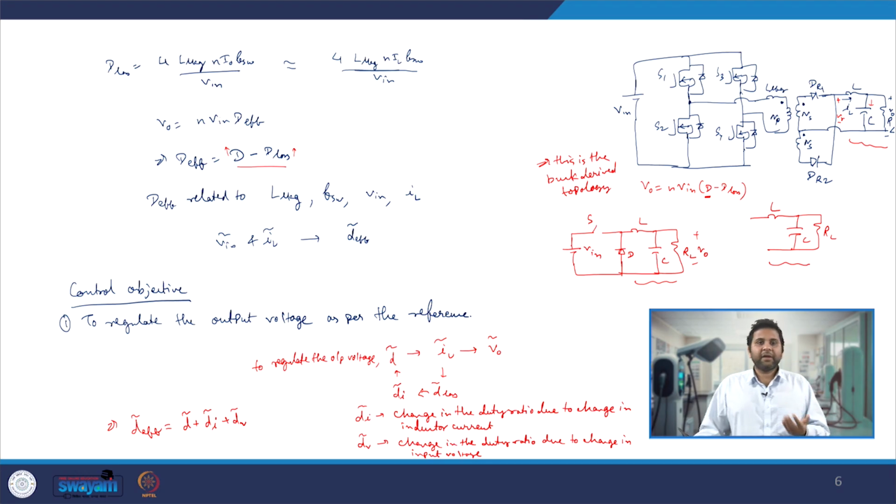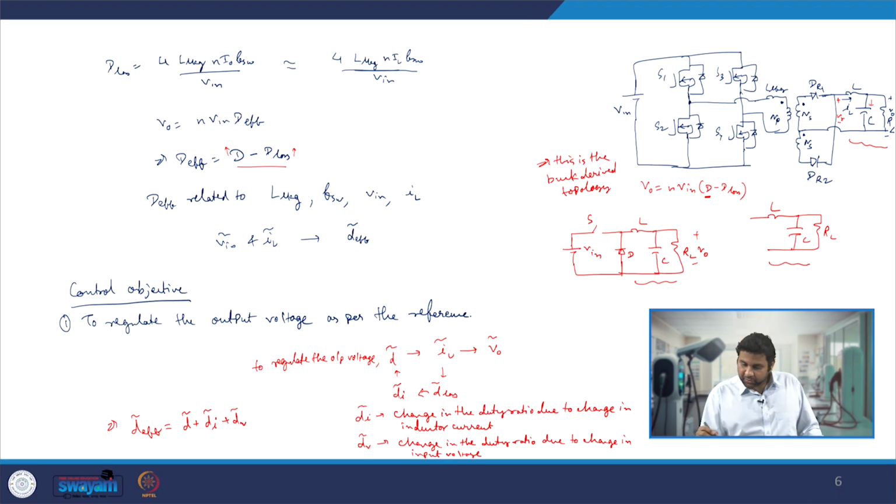So what we are trying to do, in order to ensure my output voltage is constant, is change the duty ratio. Since we are changing the duty ratio, our D effective changes. The duty ratio is the fraction of the time during the Ts by 2 period when my VR is non-zero.